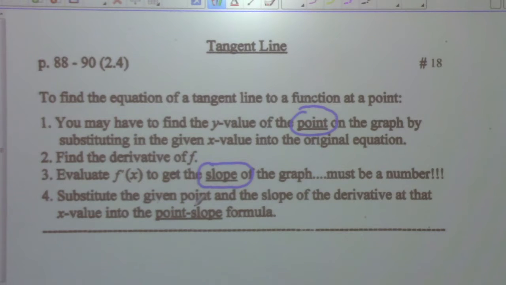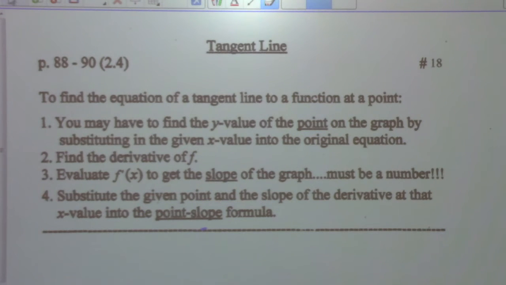And it is very helpful, if not necessary, to know the point slope formula. You have to be ready for the problem to be asked in different ways, but it's essentially that.